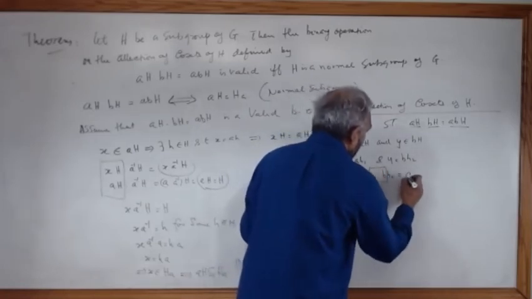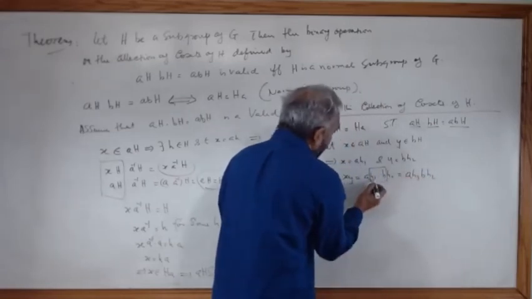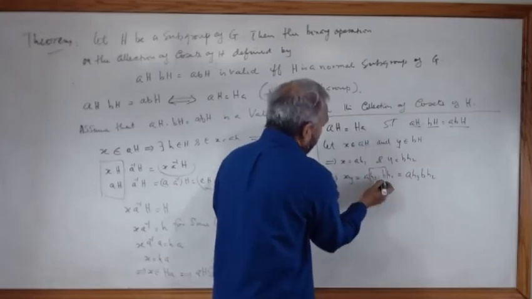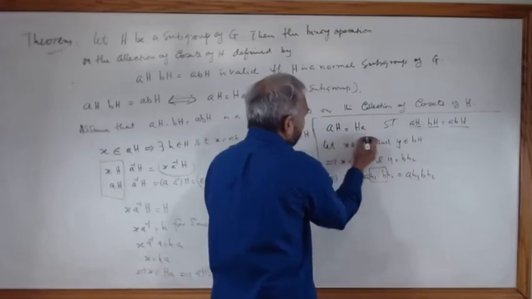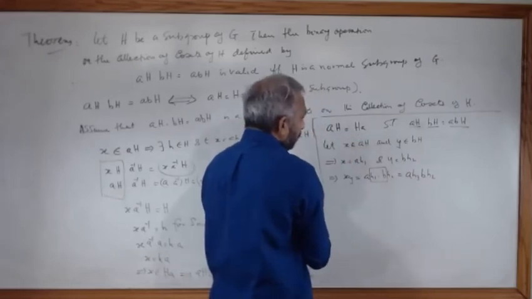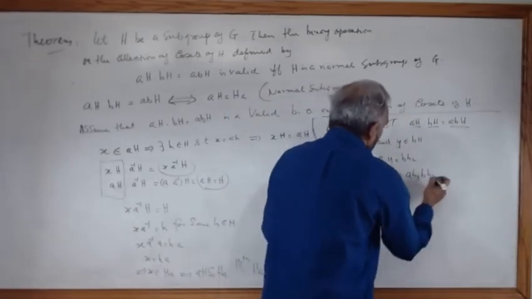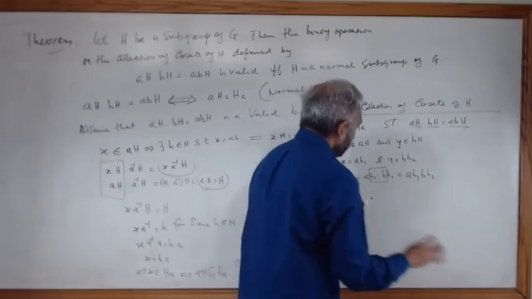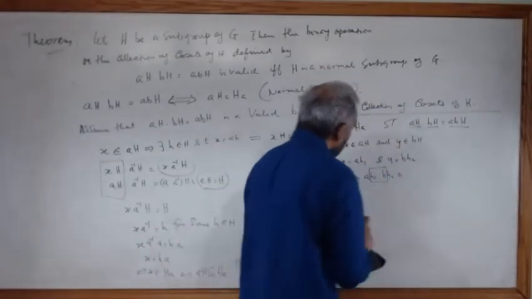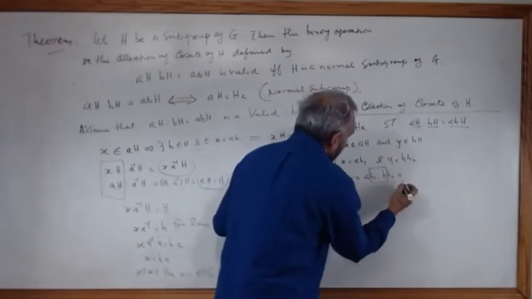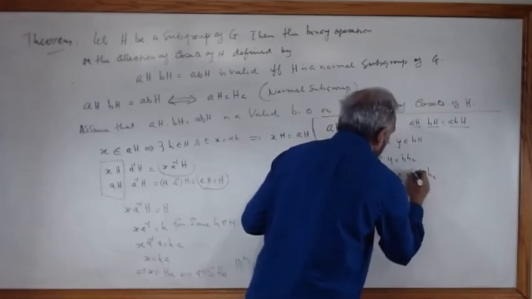This is equal to A h1 B h2, and h1B can be written as B h3, because of this. So that is A B h3 h2.